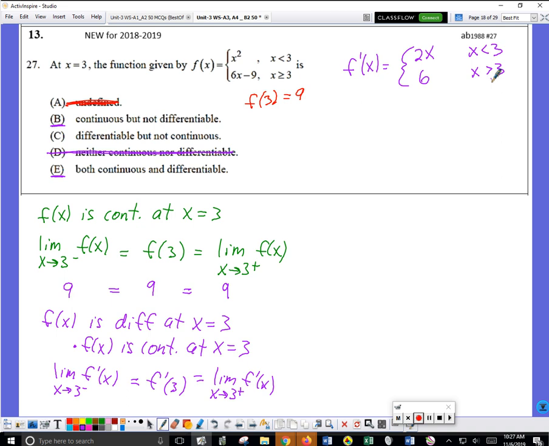Don't put the equal sign until you verify that there isn't a corner or vertical tangent. You really don't know whether you can put an equal or not. Okay? The function's continuous. The function will be differentiable as long as there's not a corner or vertical tangent. How did we even figure out that? Like all of that?